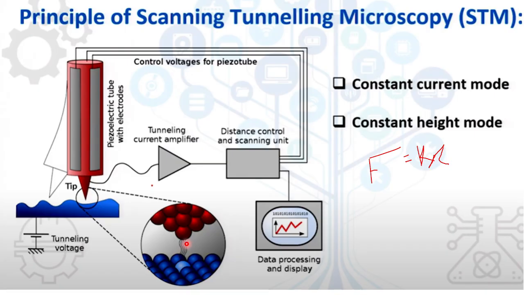For example, when the same probe comes here, x is now low. If I compare this portion and that portion, x will be low when it is coming here. So obviously the force will be different. Now how can I measure how much force is generated? That is because of the generation of the current.